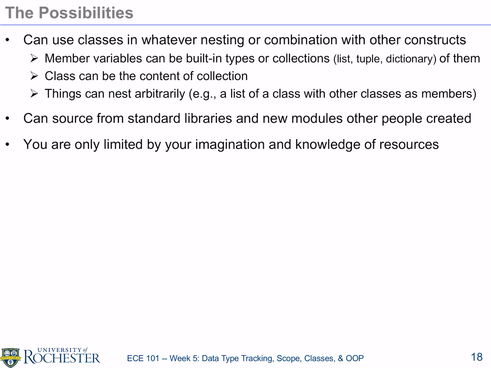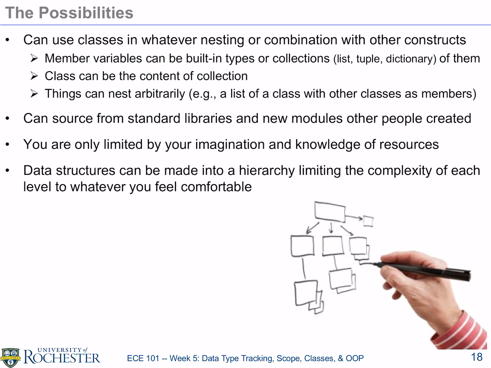You're really only limited by your knowledge of what exists and your creativity. The data structure can be so complex, and it can do a lot of things for you. Obviously, that requires practice and experience. It's not what we want to accomplish in 6 weeks. We just want to give you a first look at these tools and what you need to do in order to code in later courses.